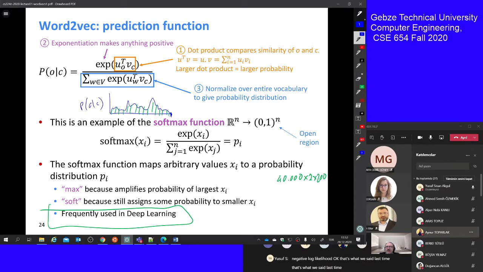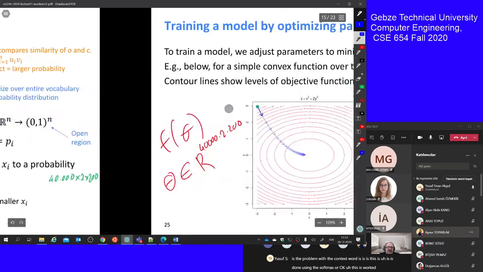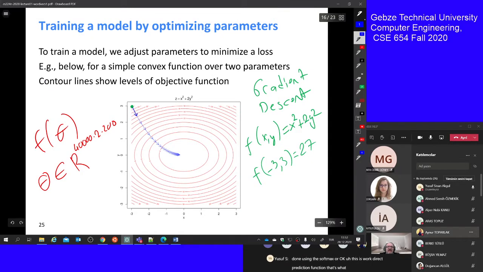And the probability of the context word given the center word is computed using the softmax. This is the word2vec prediction function. We said that we are going to do this using gradient descent.